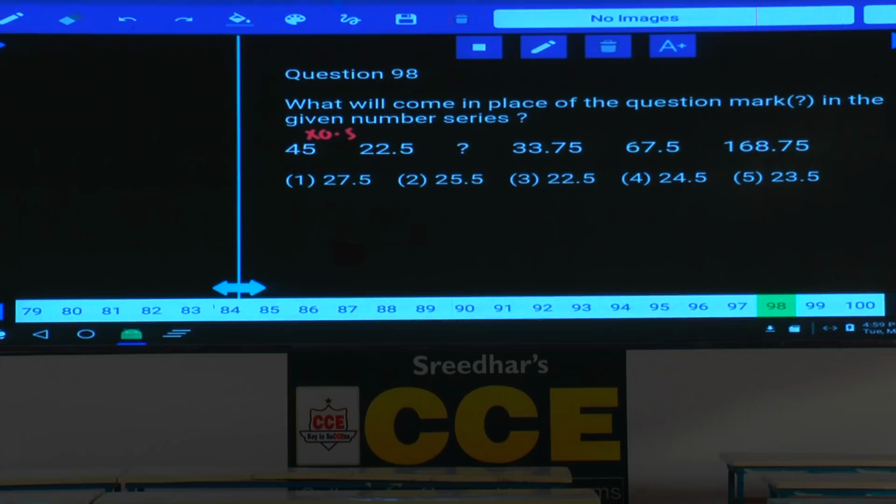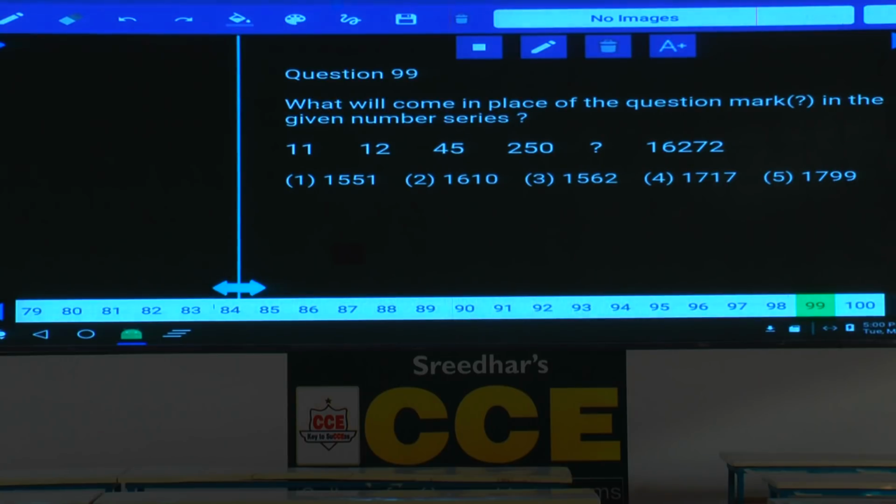Next one, 33.75 into 2 will be 67.5, and this is 165, and this will be into 2.5. Now 0.5, next one must be into 1, then 1.5, so 0.5, 1, 1.5, 2, 2.5, and 22.5, that is choice 3. Question number 98, choice 3 is the answer.